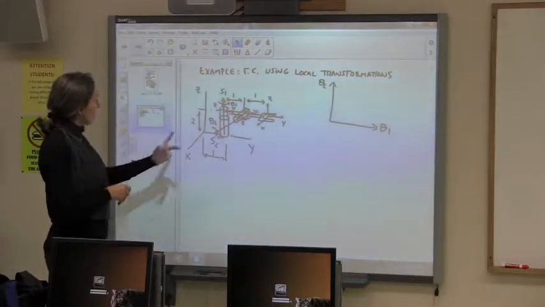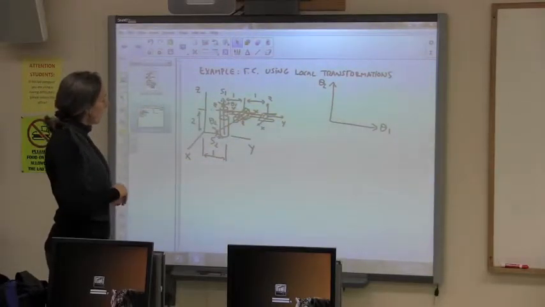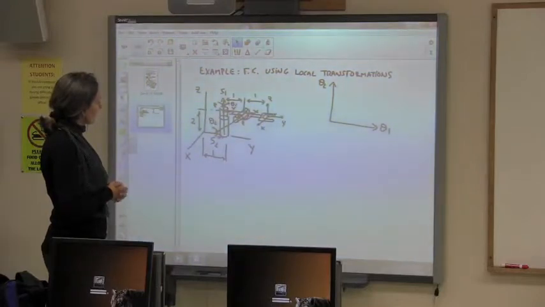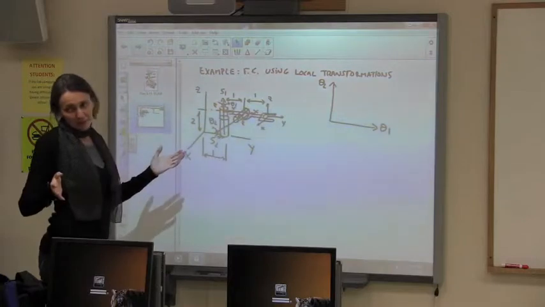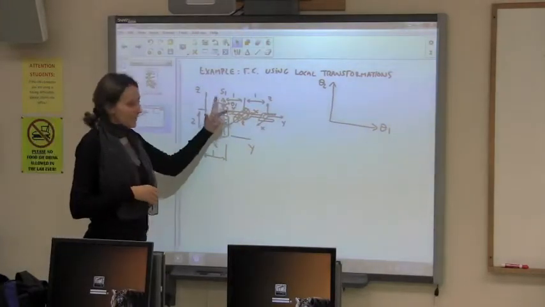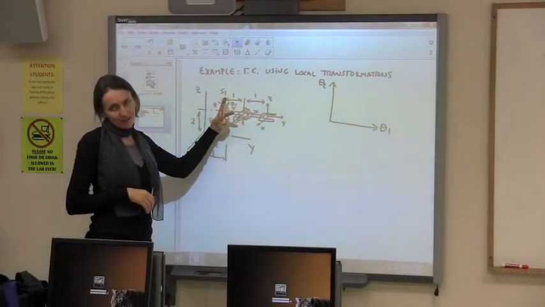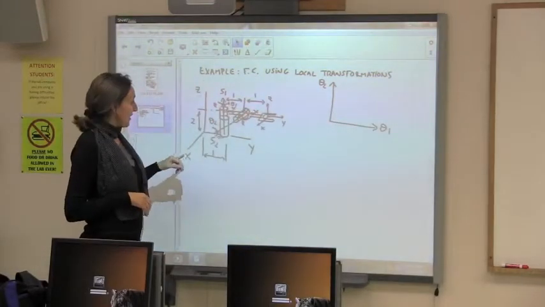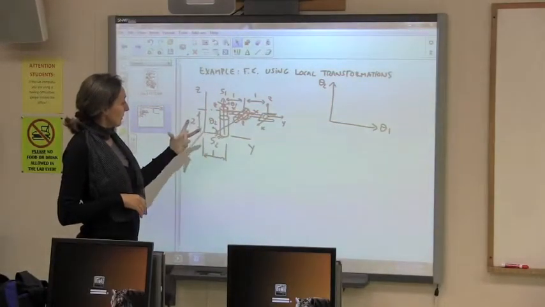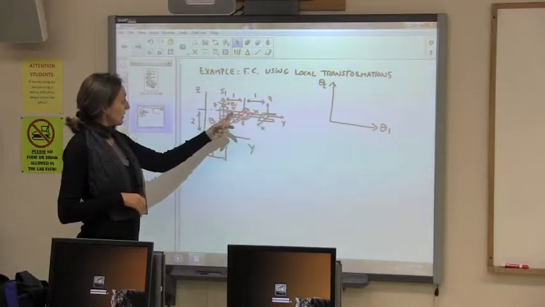Okay, so how do we move from this one to that one? What do we need to do? In this case, this is what happens with the Denavit-Hartenberg parameters, that usually they put your fixed frame where it needs to be so that it's easy. In this case, we have a translation, Z, X, and a rotation, right?